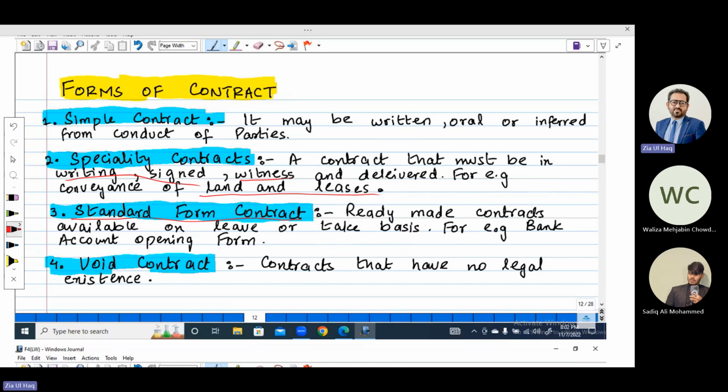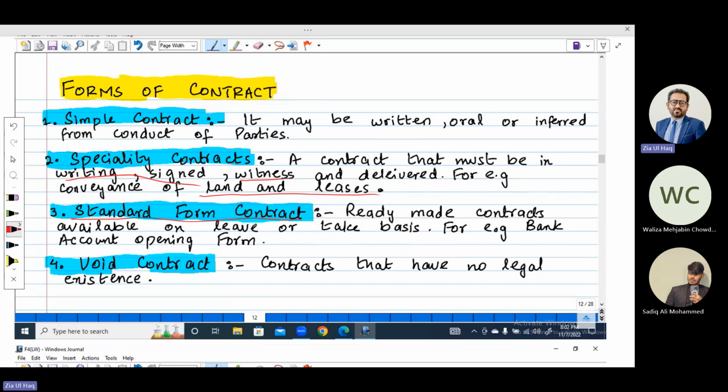Like suppose you are getting admission to any institute, you need to fill a form. And on the back of the form, there are certain terms and conditions written that you need to follow, that you need to obey. If you do not agree with any of the terms and conditions, you will not sign the contract. If you are signing, this means you are accepting all the terms and conditions.